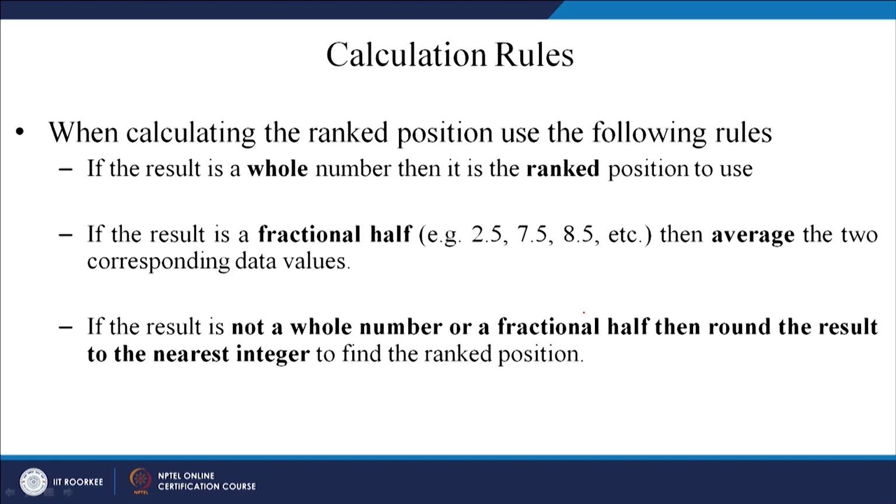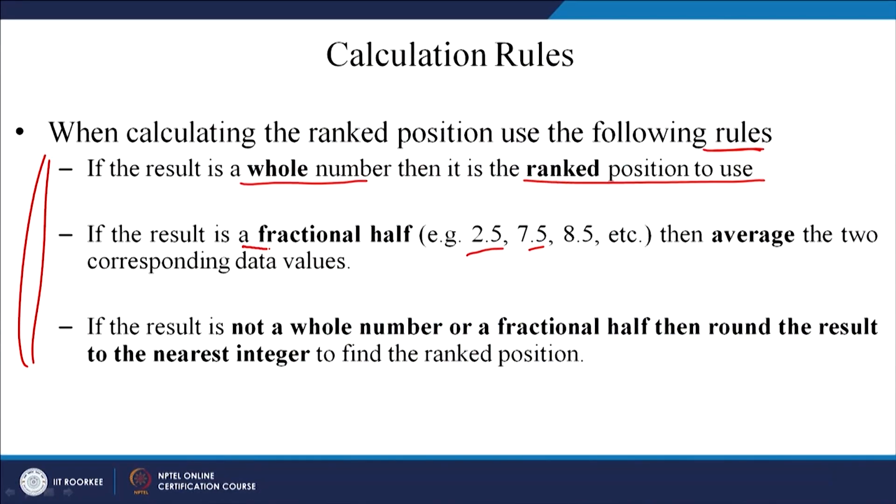Now, we calculate the ranked position by using the following rules. There are these 3 rules. If the result is a whole number, then it is the ranked position to use. But if it is fractional, like 2.5, 3.5, 17.5, 95.5 and so on, so if the result is a fractional half, then the average is to be taken of the two corresponding data values.